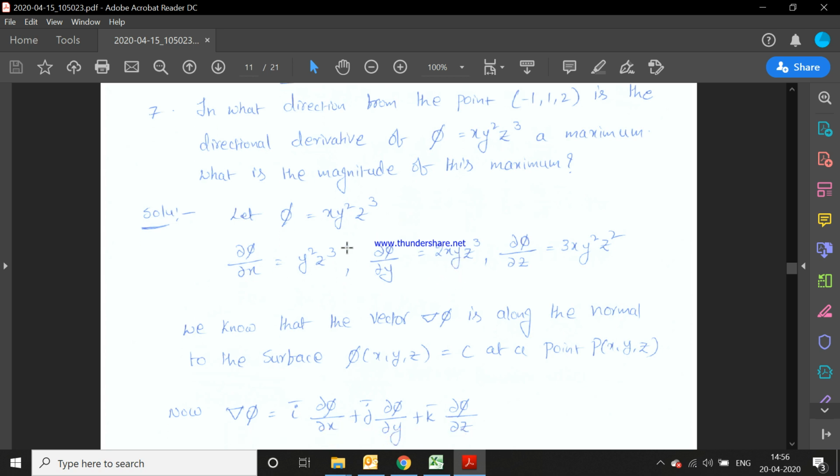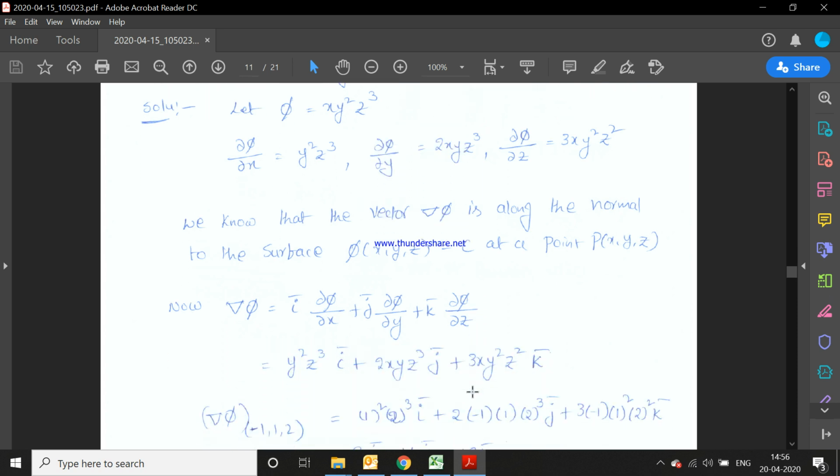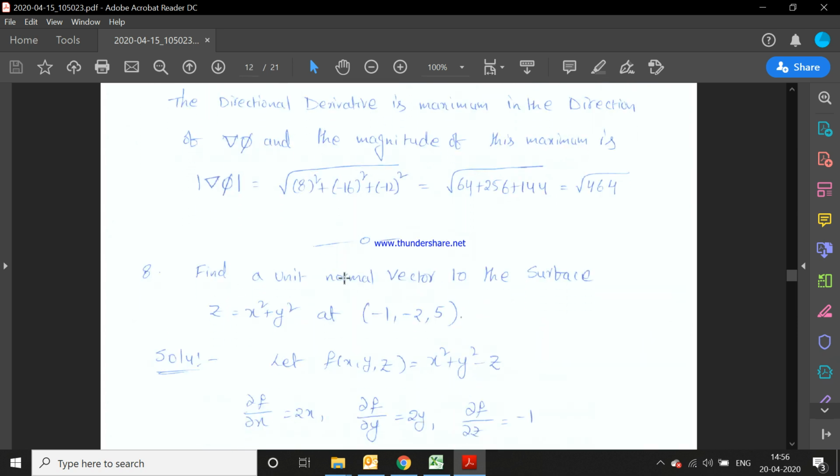So take phi and find the partial derivatives with respect to x, y, and z. After that find del phi. The directional derivative is maximum in the direction of del phi, and the magnitude of the maximum is the modulus of del phi, or length of del phi.